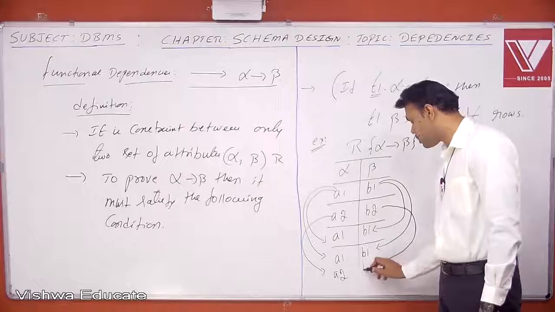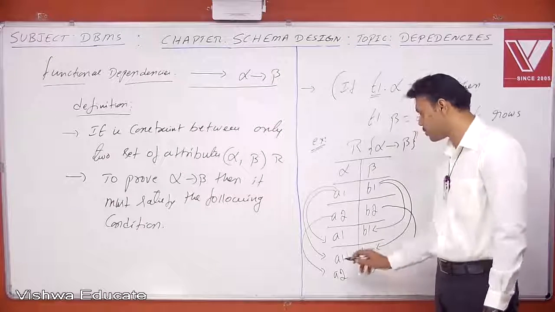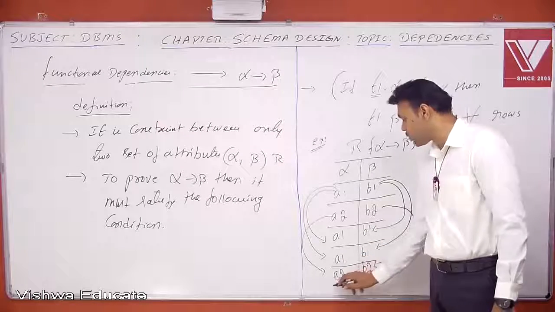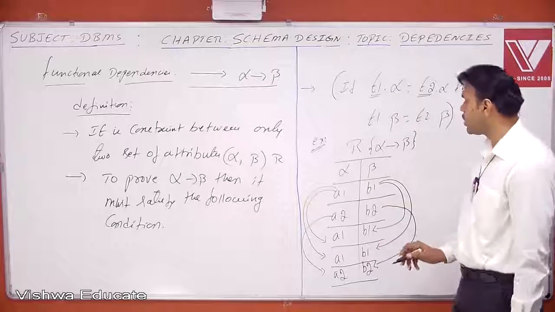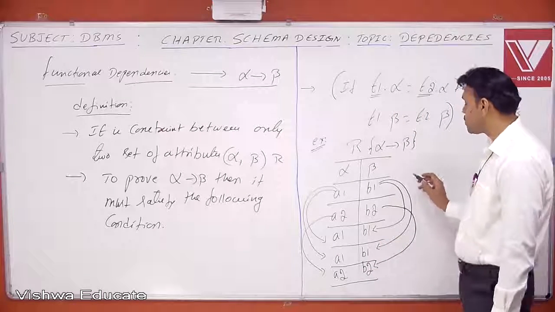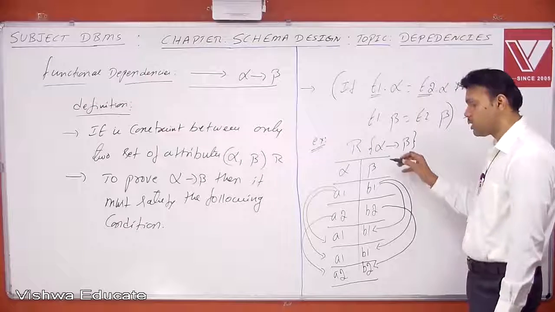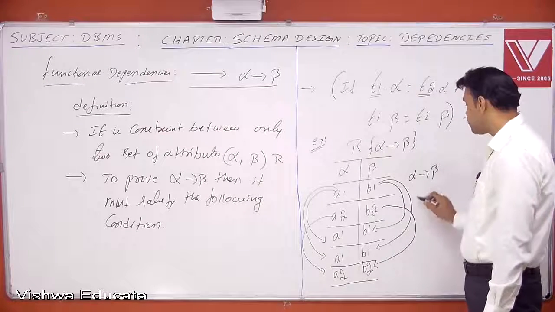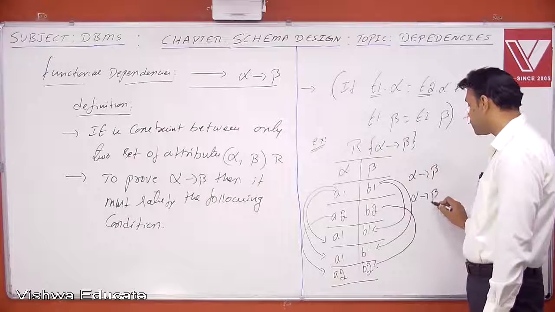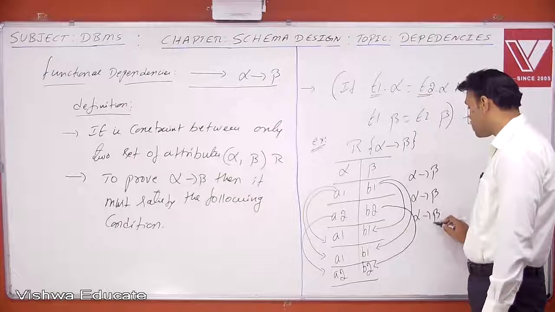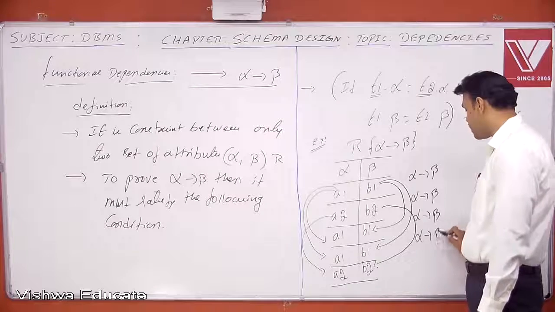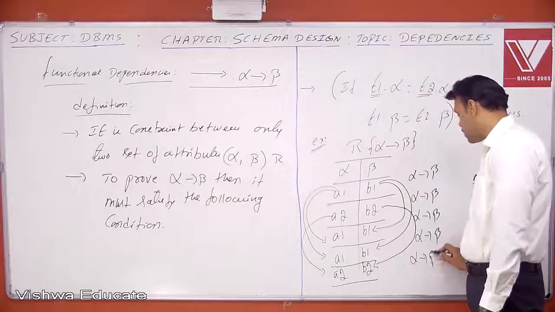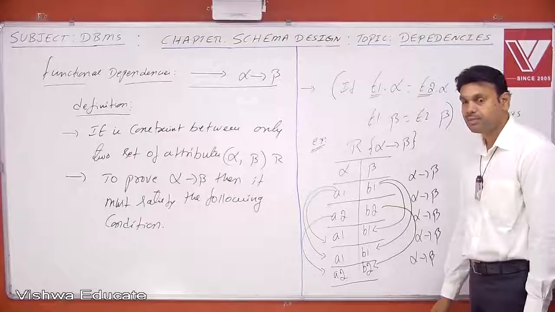Yes, this is the answer: B2. So in this example, I can prove alpha tends to beta is satisfied in every row.